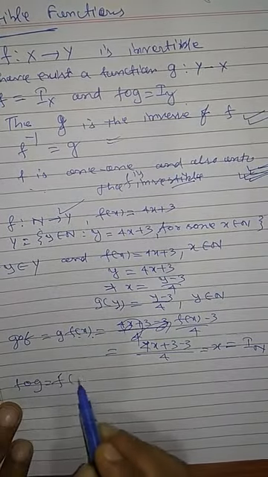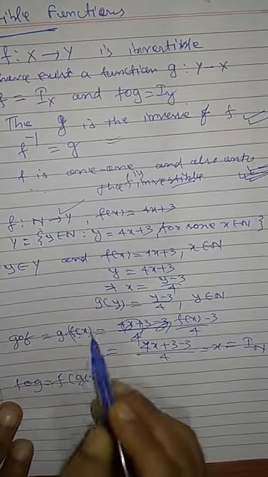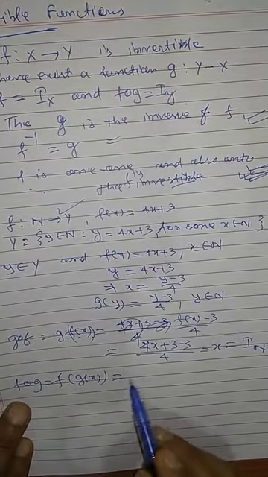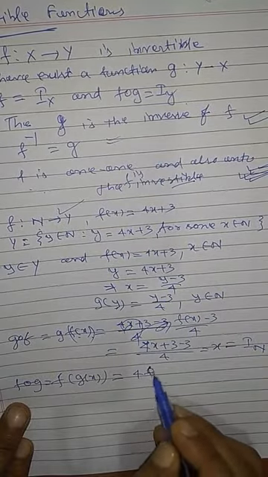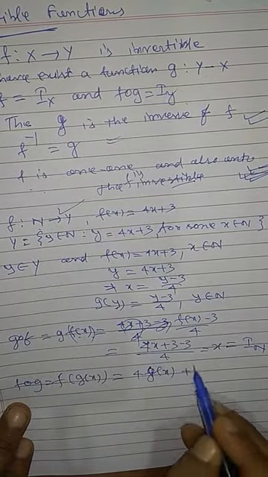Now what is f of g? It is f of g of y. So f of g of y means instead of x write g of y, so 4 times g of y plus 3.